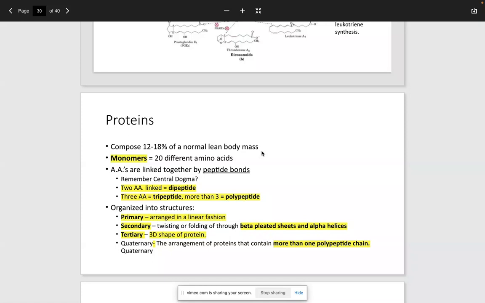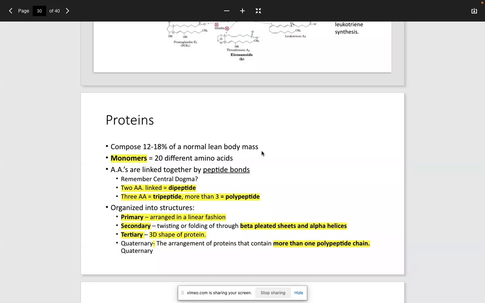Whenever you hear about secondary, I want you to think about alpha helices and beta pleated sheets. Alpha helix and beta pleated sheets are going to introduce turns and kinks within the protein itself, which is a buzzword that they like to throw out on exams. You may see it on my exam in the future.